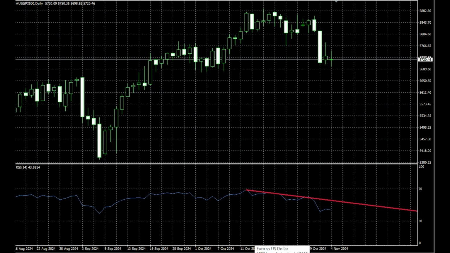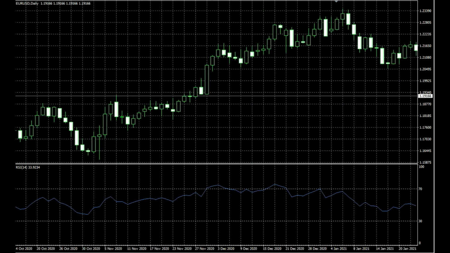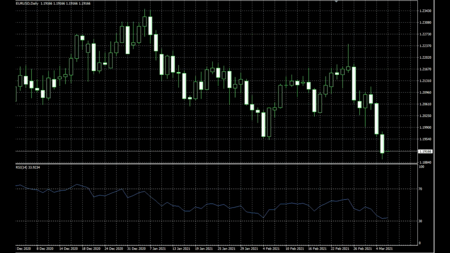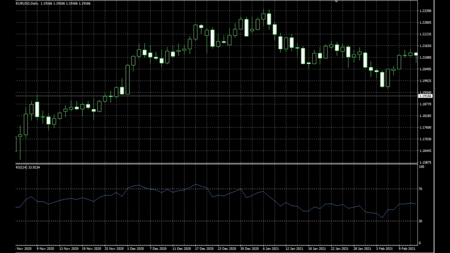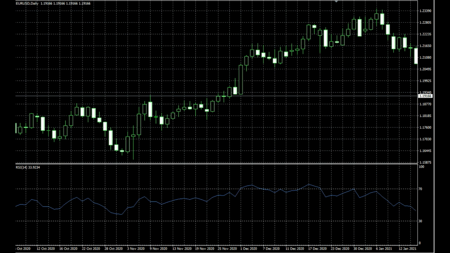Now we are going to see the currencies. The best thing that we can see right now is that in November 2020 we had a bullish trend, and after that several weeks of the same thing as we had in stocks.